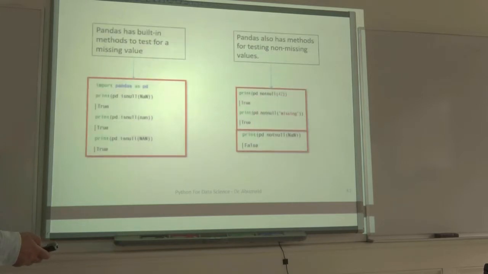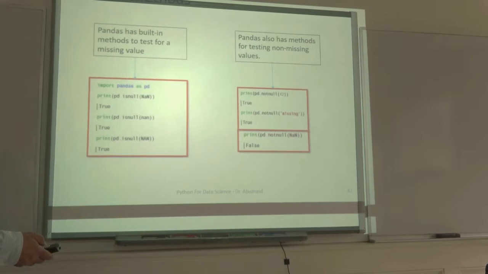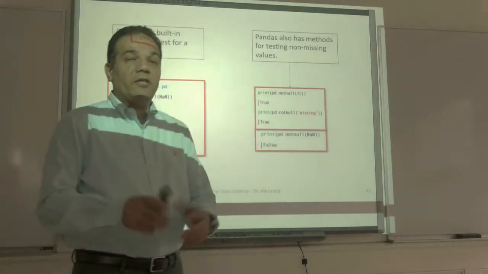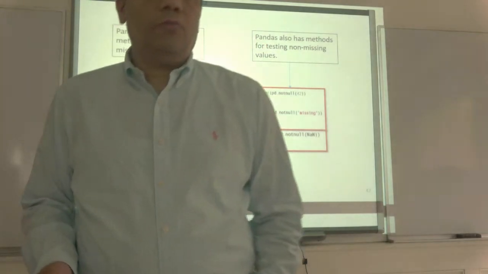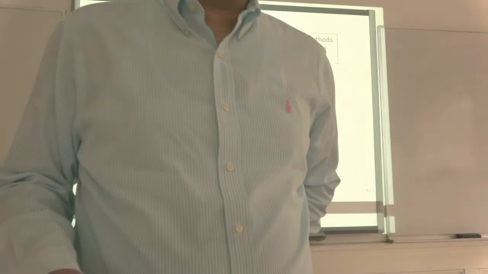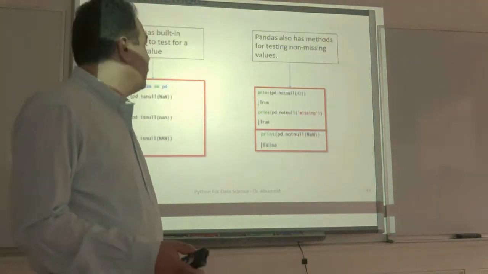All right. So pandas has built-in methods to test for missing values. Again, what are we talking about? You have a data frame that could have millions of records. It's so typical that you have missing values, so you have to check for them.